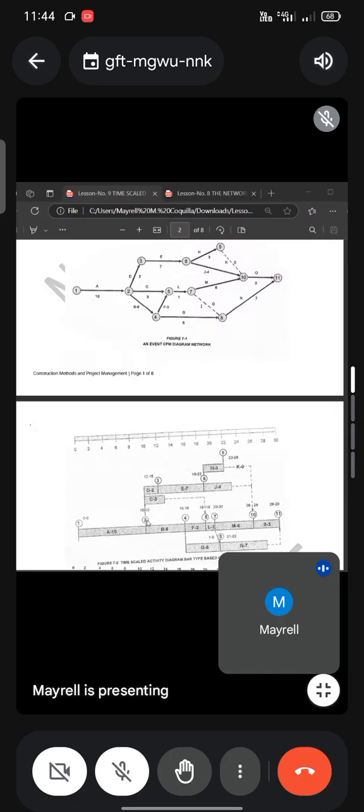If we have a vertical line here, that is node 2, so activity A is done.